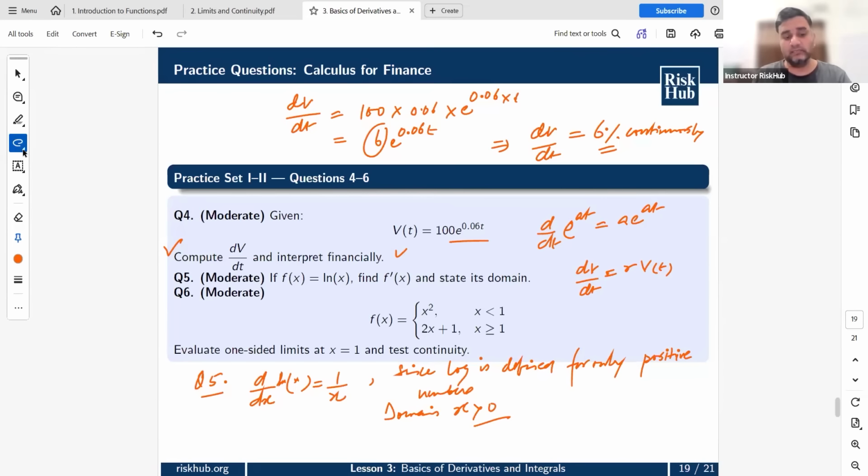We go to question number 6, which is f(x) = x square for x less than 1, and 2x plus 1 for x greater than 1. Check continuity at x equal to 1. When we check continuity, we start with the left limit. Left limit at x equal to 1 is 1 square, which is 1.